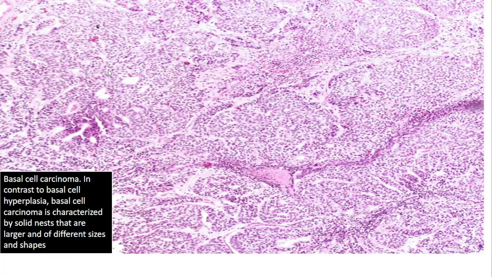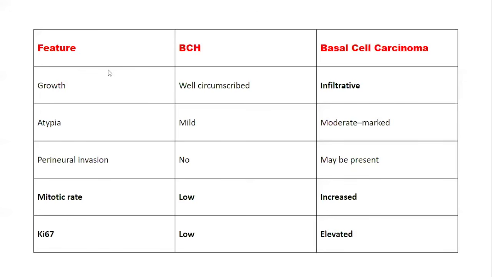An important IHC marker that would be positive in basal cell carcinoma, which helps differentiate it from basal cell hyperplasia in equivocal cases, is BCL2. BCL2 would help you differentiate if you are in confusion, and if there is focal atypia, I mean, subtle cytological features, and the lesion is not as florid as shown in the image. BCL2 IHC would save your day.